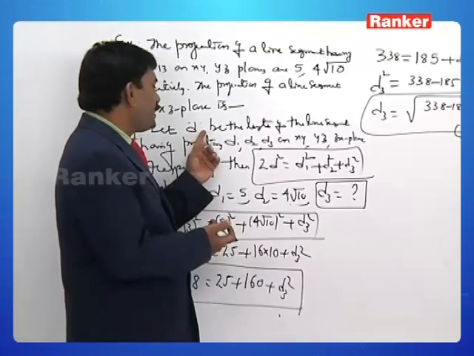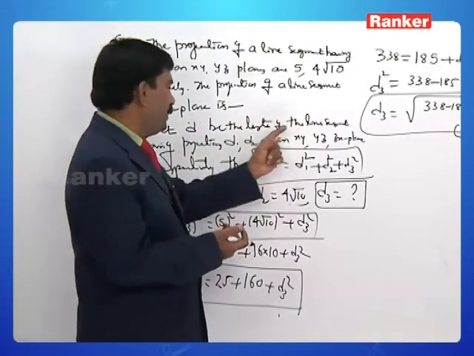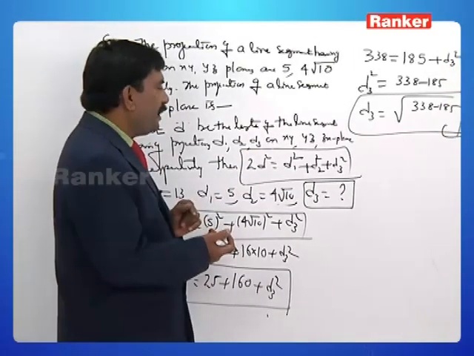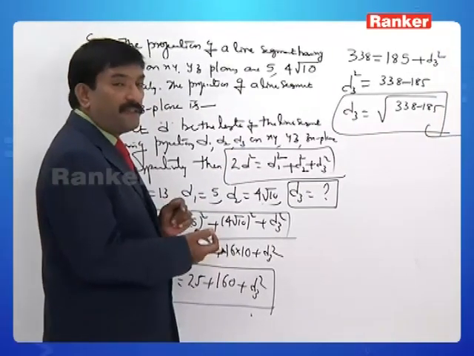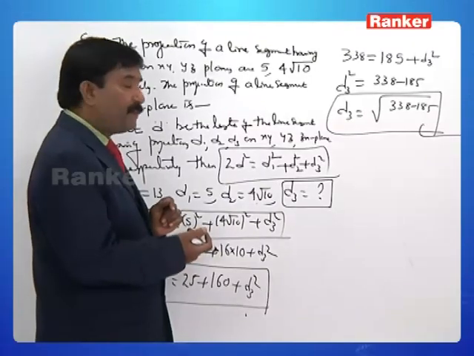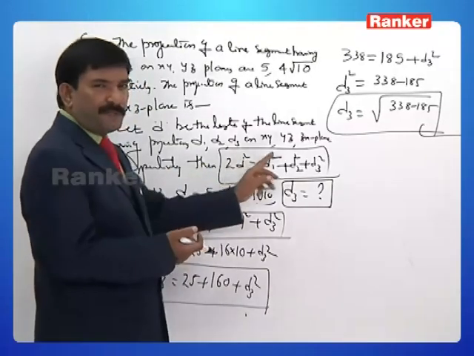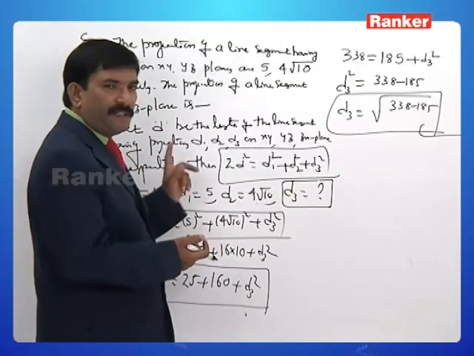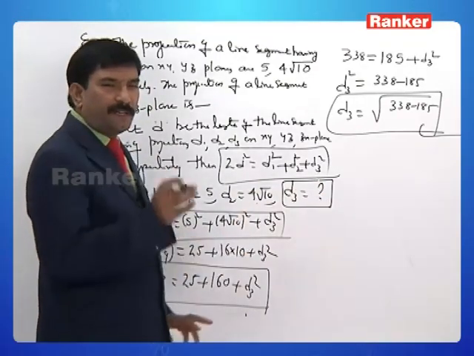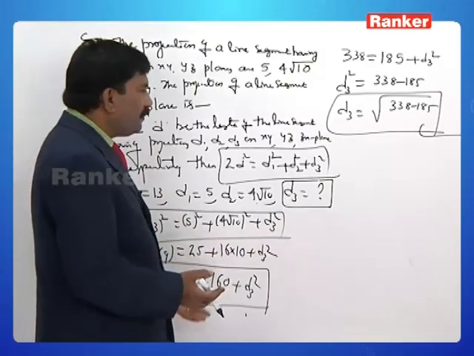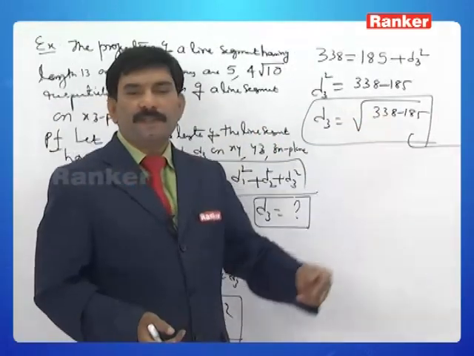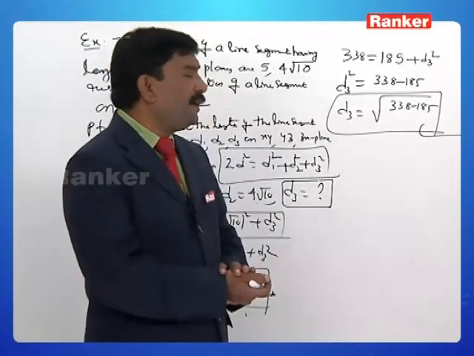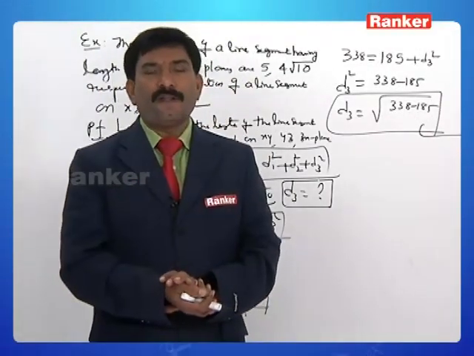So let d be the length of the line segment having projections d1, d2, d3 on the xy, yz, next zx planes respectively. We know that 2d square is equal to d1 square plus d2 square plus d3 square, but d, d1, d2 are given, d3 is not given. Substitute the real values. That gives d3 is equal to root of 338 minus 185 is the required answer.